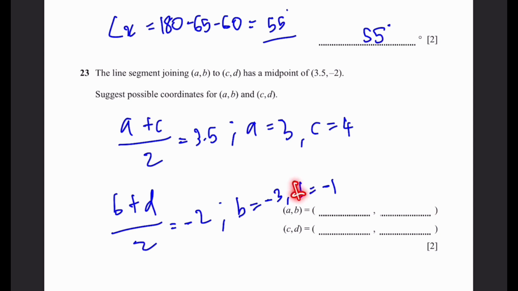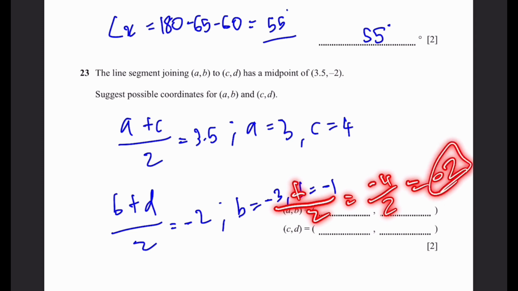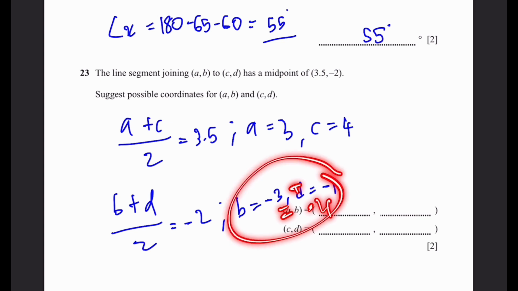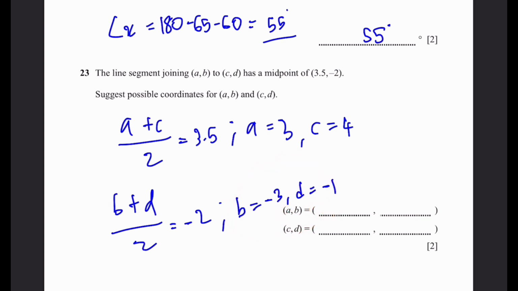When we add them up, divide by 2, minus 4 by 2, it's equal to minus 2, which is what we need. So anything which adds up to minus 4 can be the 2 points. So we can just write A comma B is (3, minus 3) and C comma D is (4, minus 1). That's the answer.